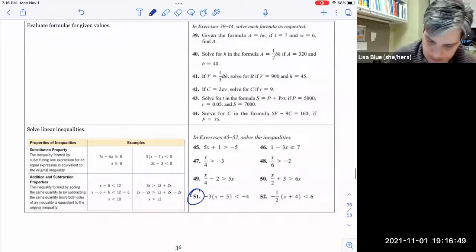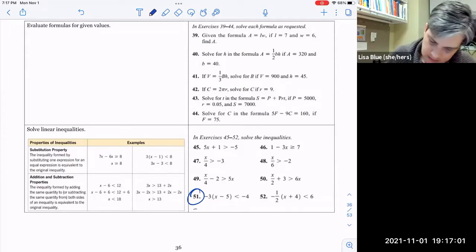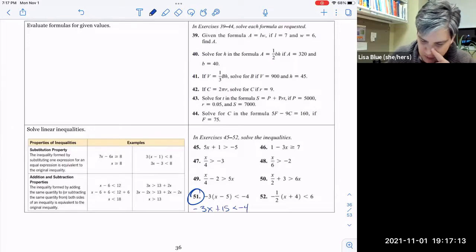Sure. Awesome. Okay, so to solve 51, the first thing we need to do is distribute that -3. So I'm going to distribute it. So -3x, -3 times -5 gives me a +15. And that's less than -4. And then I'm going to subtract 15 from both sides. So I'm going to get -3x is less than -19.